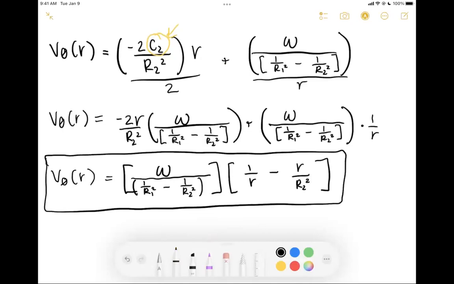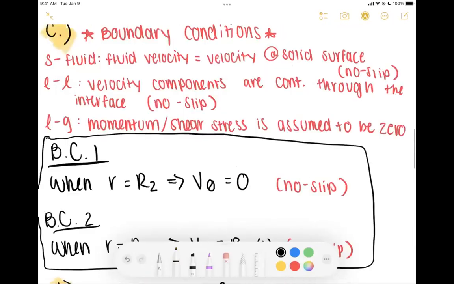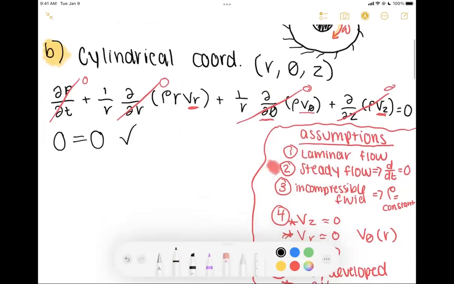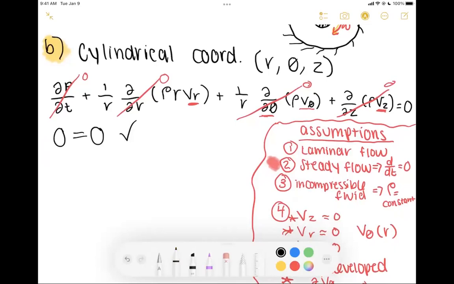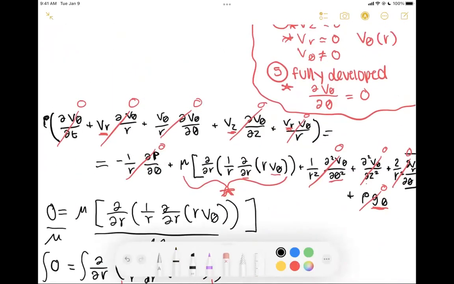So just to go through it again really quickly, the first thing we did was draw our diagrams and make our best sketch of the velocity profile. Then we simplified the equation of continuity and the Navier-Stokes equation, which I'm going to label up here.